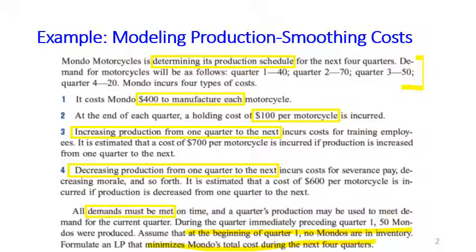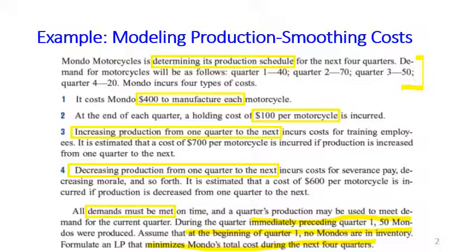And then the quarter before quarter one, we know that we produce 50 motorcycles. We need this information because we would like to compute the difference between the amount that we produce in quarter one and the previous quarter, which we can say like quarter zero. So that's the information in this problem.